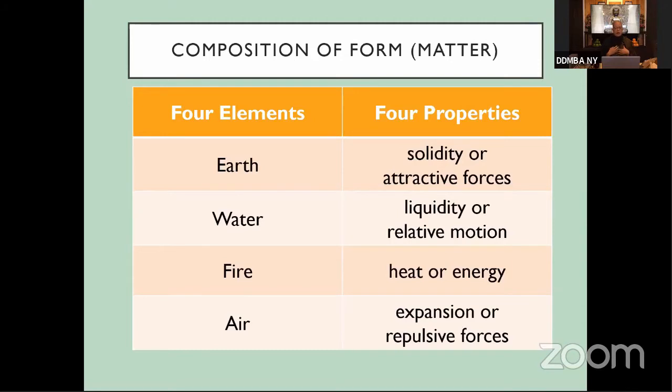So these four elements are very important, and the four properties. When we are born, these eight properties are very strong, and as we age, we gradually lose these eight factors, and eventually lose all of them.